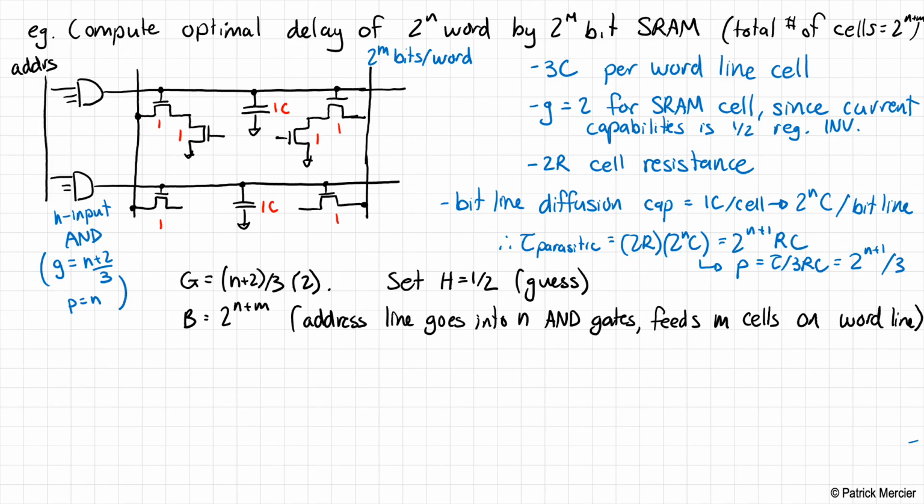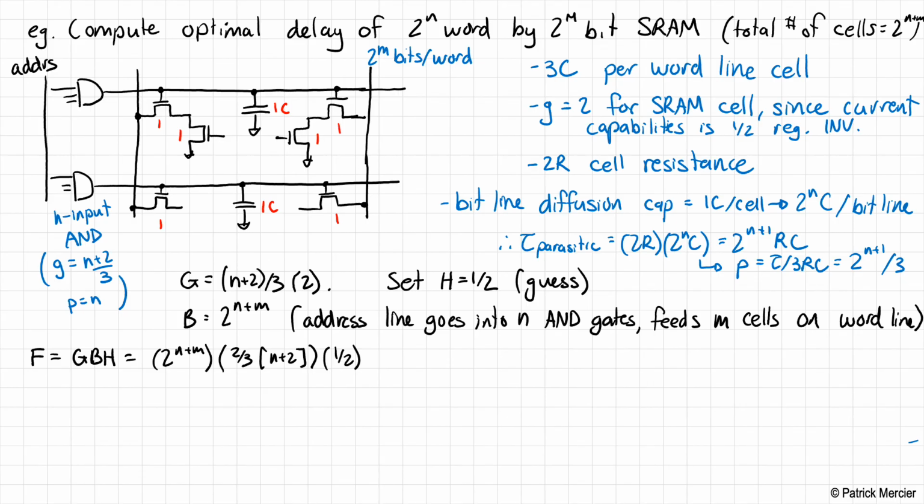So now we have G, H, and B. That means we can now calculate F, which is just equal to G times B times H, which is equal to 2 to the n plus m times 2 over 3 times n plus 2 times 1/2.